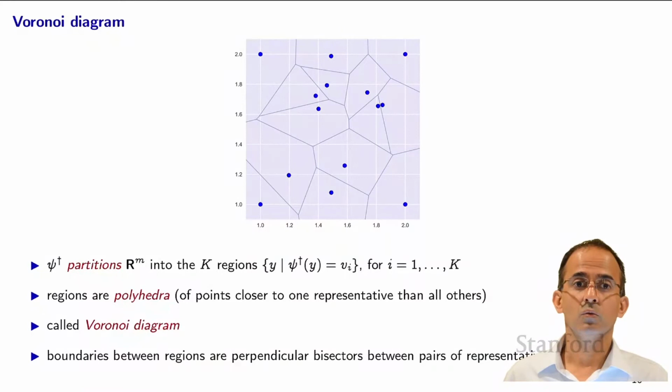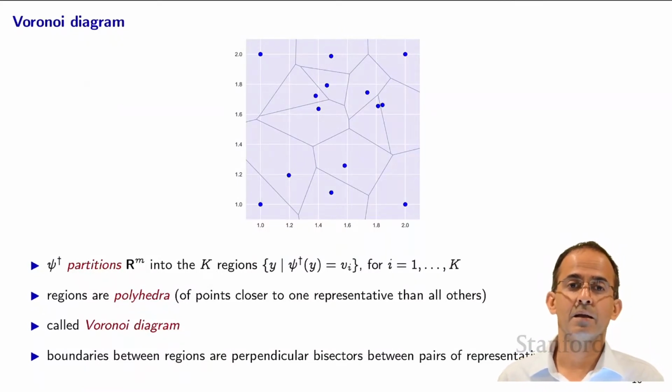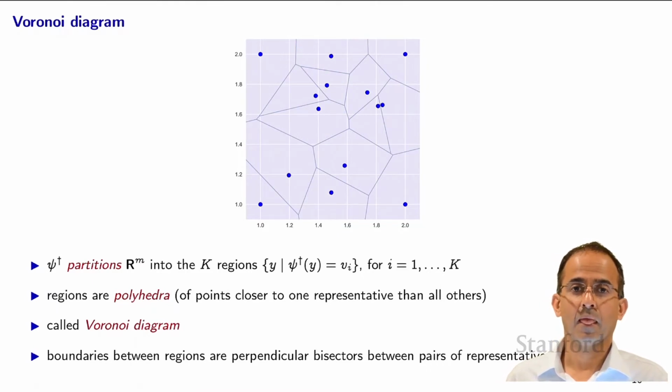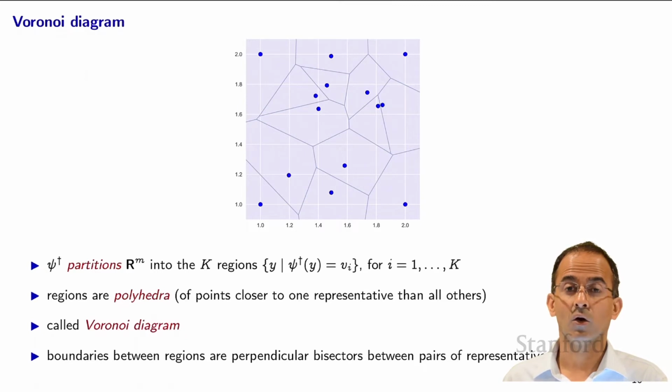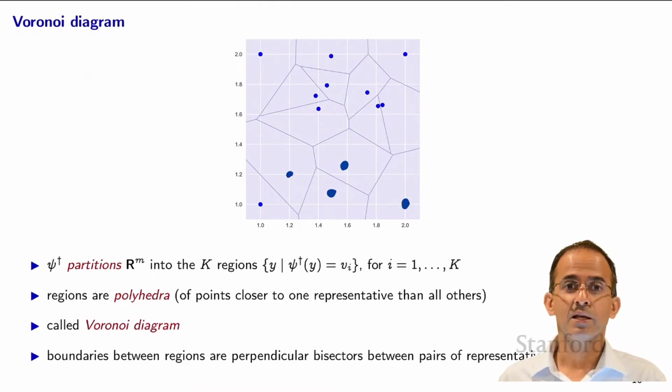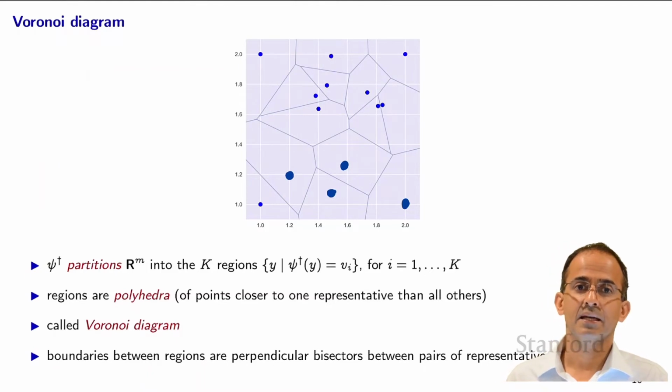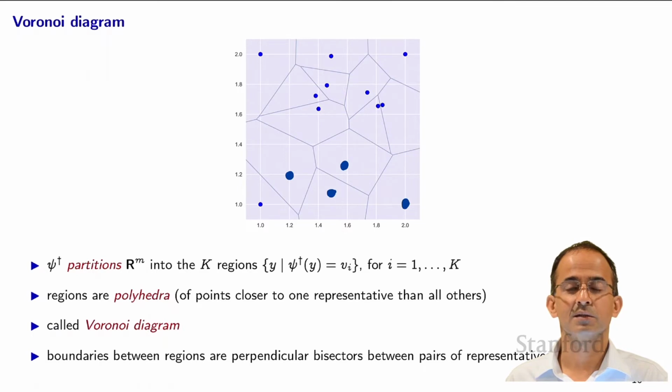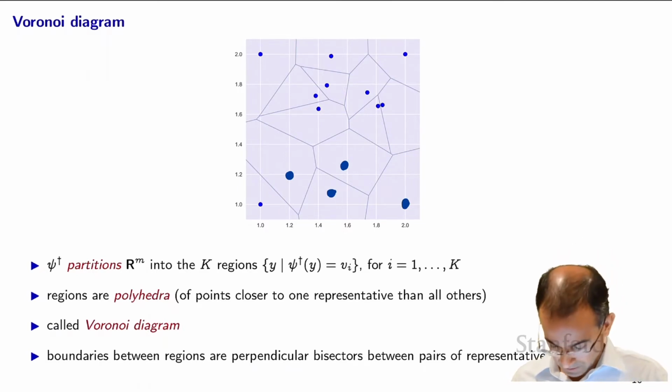So more generally, we might have an embedding of categories into Rm, and that gives us a whole bunch of different representatives, here represented by these blue dots. For any given point y hat in Rm, we want to find the closest representative, and the way we do that is via the Voronoi diagram that we saw earlier.